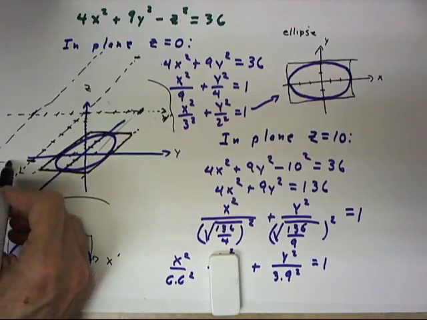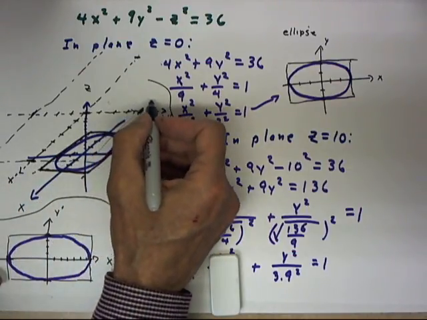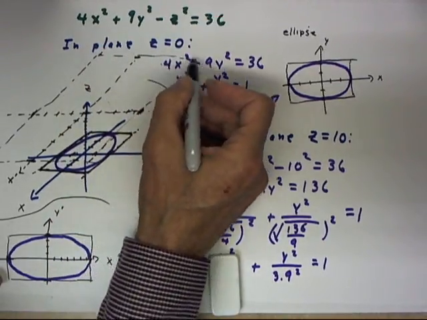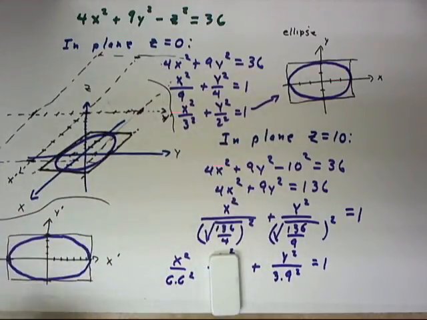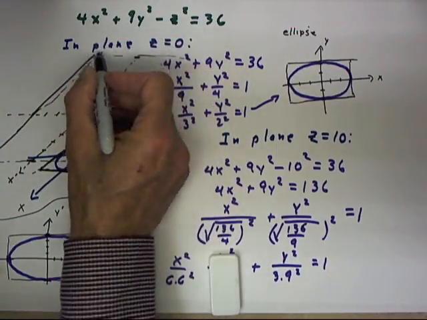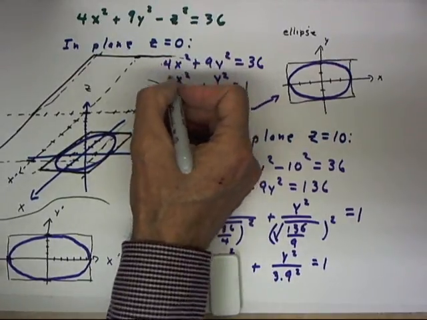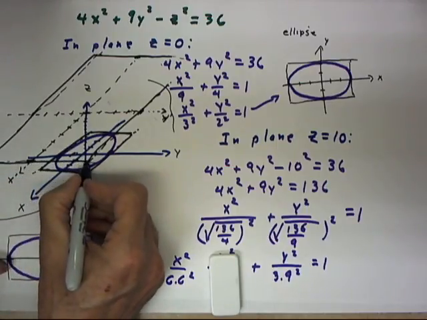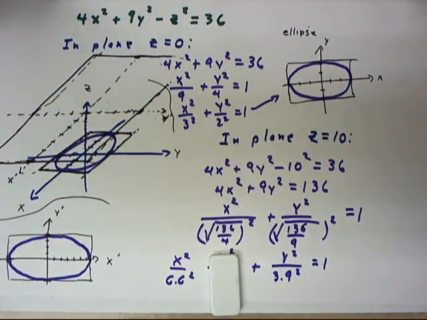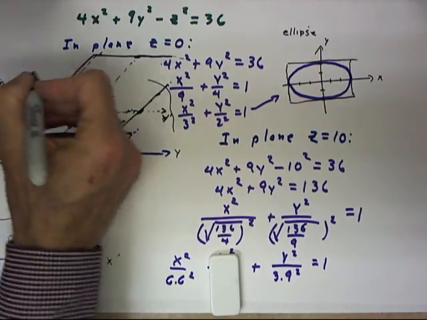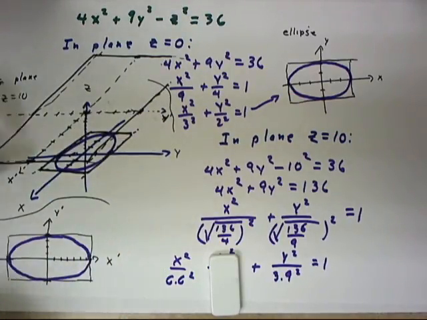We come across in the x direction. We come back here till we intersect this line. We come across here. We're getting up into our equations here, but we can see how this rectangle is constructed, and I can draw most of the 4 sides. I have to kind of leave it off here so I don't write over my equations. But right here is a picture of this rectangle, and we understand this is in the plane z equals 10, centered on the z-axis, 10 units above the xy plane.